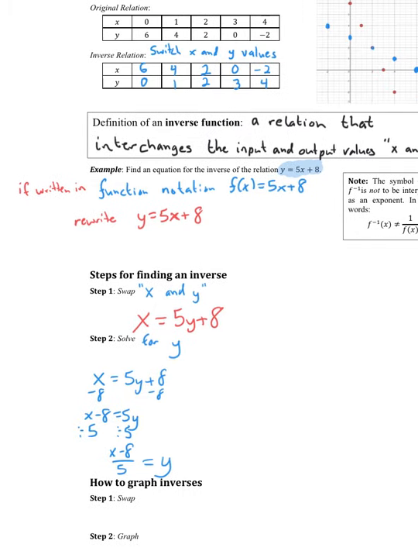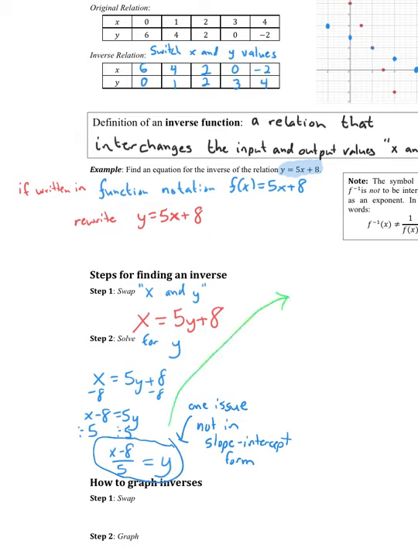Okay, there's one issue with this problem that I don't like. We have y equals now. The one issue I have with this is it's not in slope-intercept form. So I want to rewrite it. Because right now it's y equals x minus 8 over 5. I can't tell what the slope is. I can't tell what the y-intercept is.